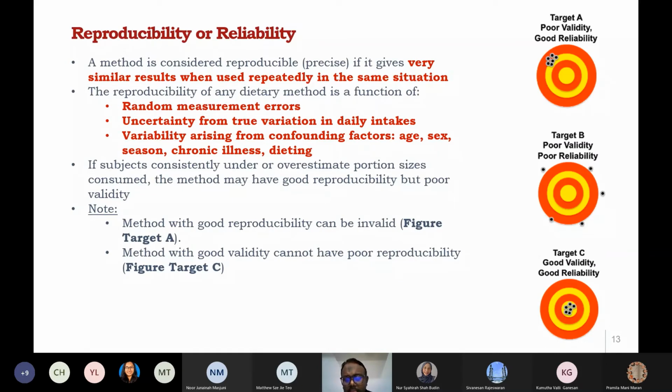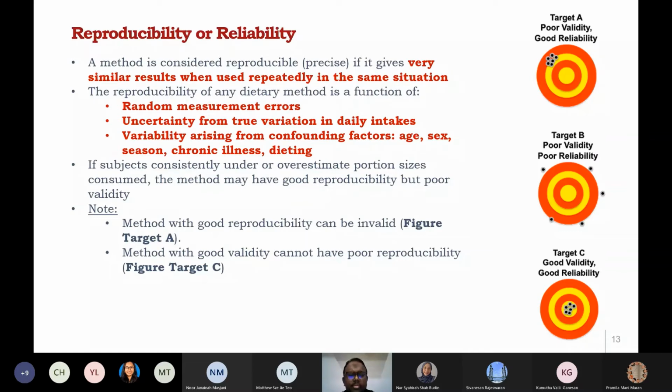It doesn't matter if it is correct or not, but it should show the same result. The reproducibility of a dietary method is a function of random measurement errors, uncertainty from variation in daily intakes, and also variability arising from confounding like age, sex, season, chronic illness, and also dieting.